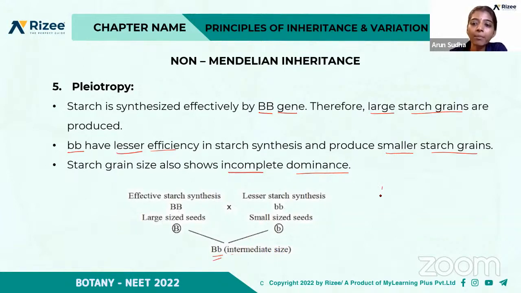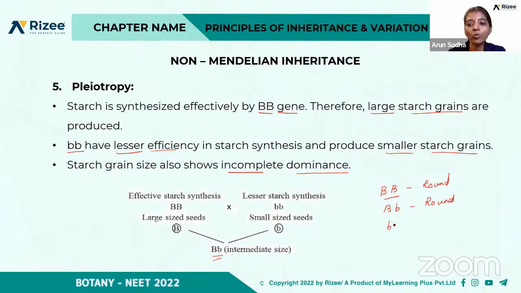But the same B gene is also responsible for the shape of the grain. For example, if it is present in the form of BB, that is homozygous dominant, it shows round seeds after maturation. And if it is present in the heterozygous form, they also show round.